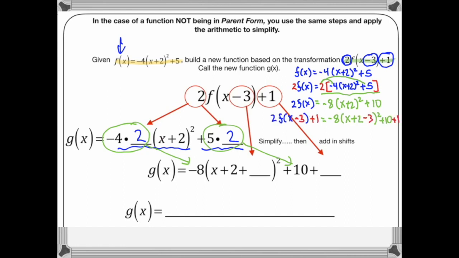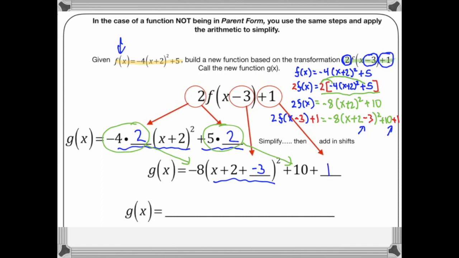Adding in the -3 and adding in the +1. We do the same thing to this part right here: we add in the -3 and add in the +1.